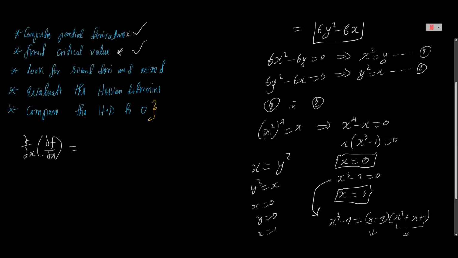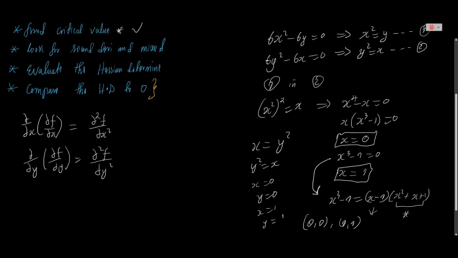And it is usually written as d squared f all over dx squared. And the same thing with y, with respect to y, which is usually d squared f all over dy squared. And our mixed partial derivative is usually d squared f all over dx dy.